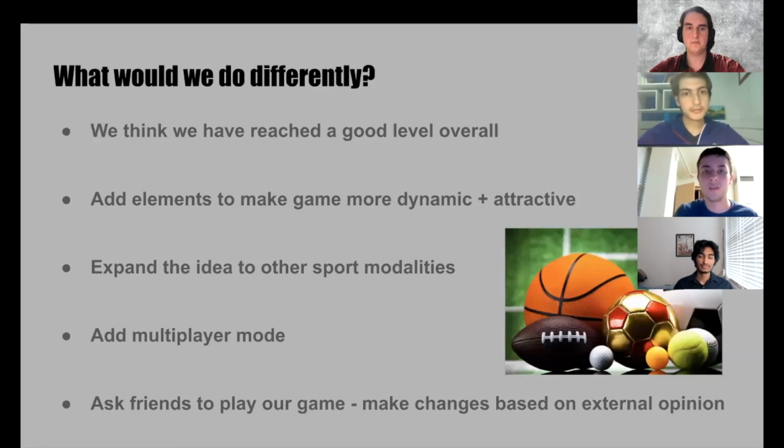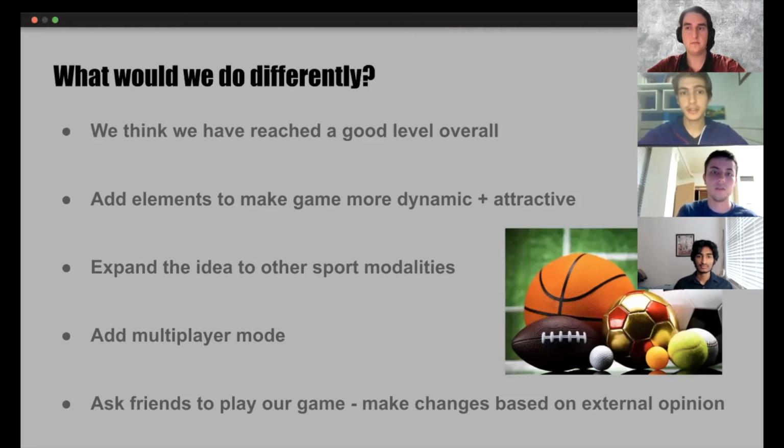So the thing we would do differently is not a big difference, because we think we have reached a good level overall. We have accomplished great things with this game. We have approached a lot of things concerning physics.